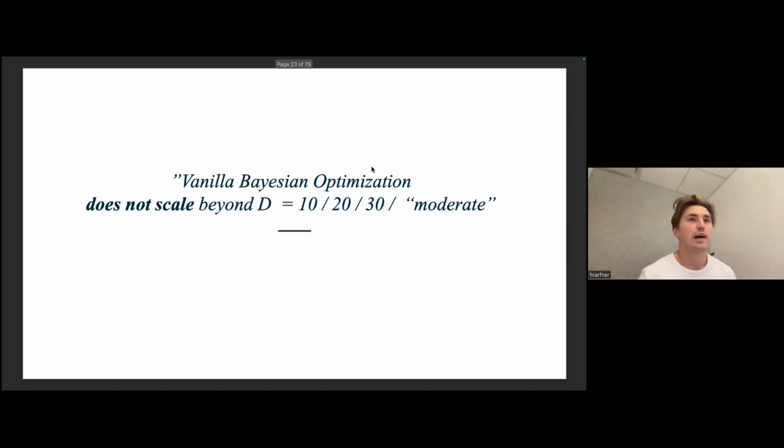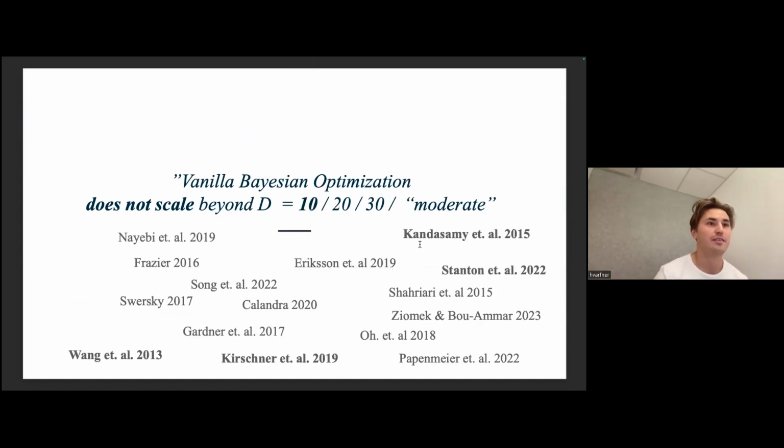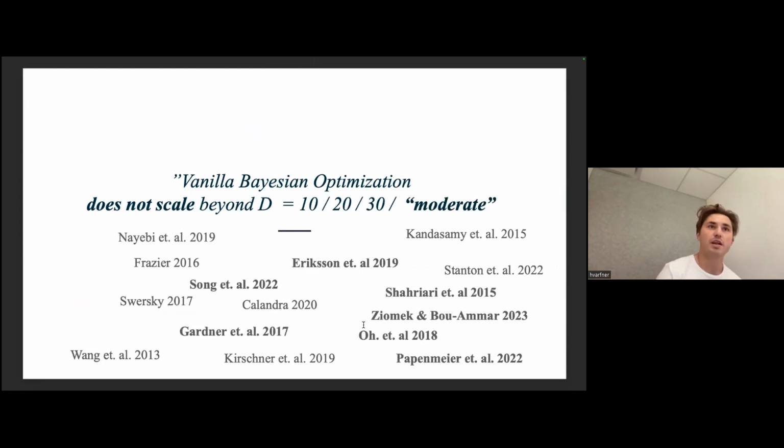As a matter of fact, it is a well-established fact in the BO community that vanilla Bayesian optimization does not scale beyond d equals 10, which a lot of people say, or 20, or 30, or some moderate number of dimensions. But most people agree that this is true.